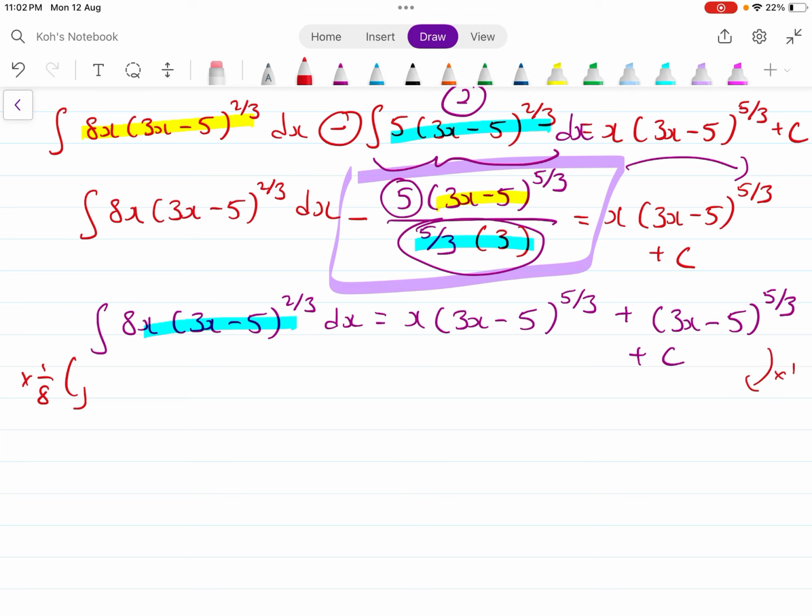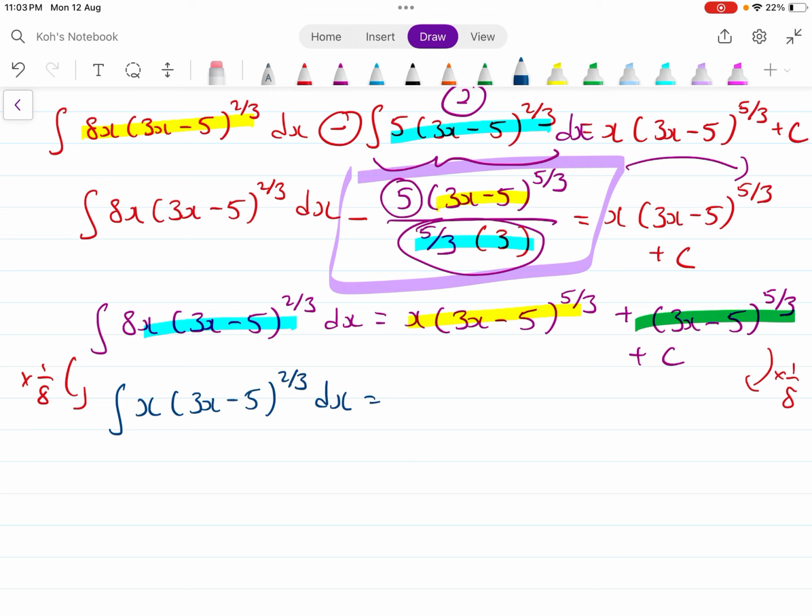The right hand side has 3 terms. The first term here, the second term here, and of course the c we don't need to care about, so 1/8 times c I just put as c. So this will give you the integral of x(3x − 5)^(2/3) dx.